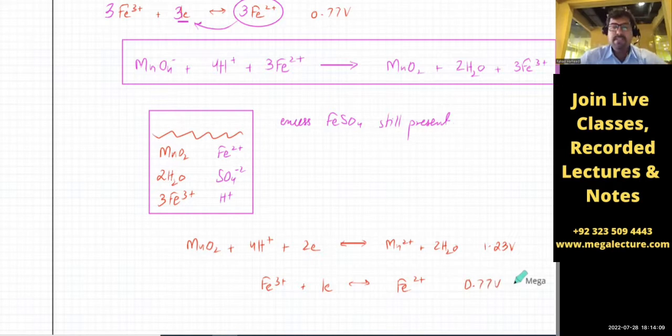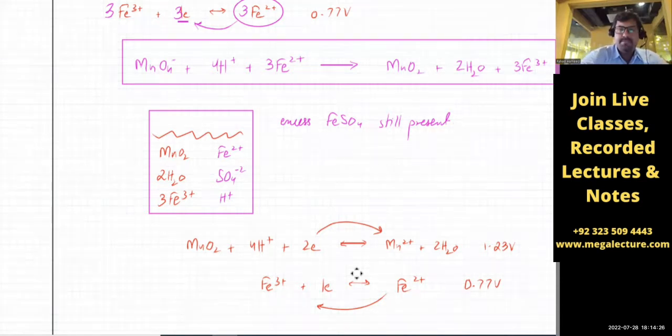That was 0.77 volts. So higher gains and the lower one loses. इसका मतलब है, in the first reaction, the MnO2 got produced, and that MnO2 ended up doing a further reaction with Fe2 plus. Is this clear? Is सारों को clear है?